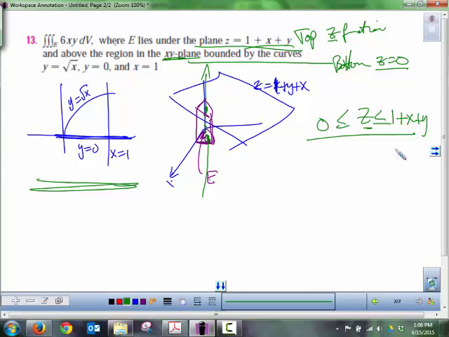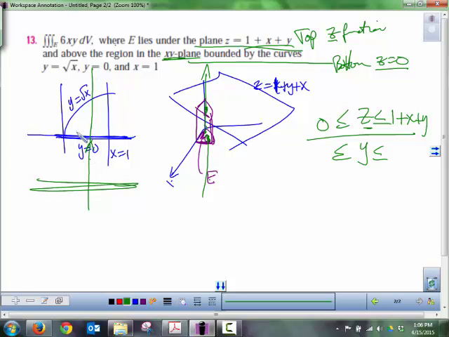After that, I have a 2-dimensional problem, and looking at this two-dimensional region, I can integrate with respect to whatever I want. What do you want to integrate with respect to? With respect to y first. With respect to y first, draw a line parallel to the y-axis.